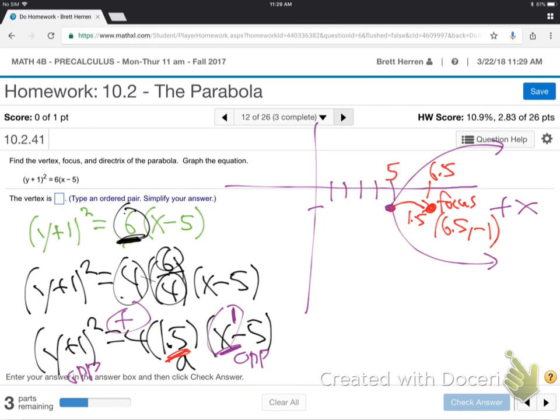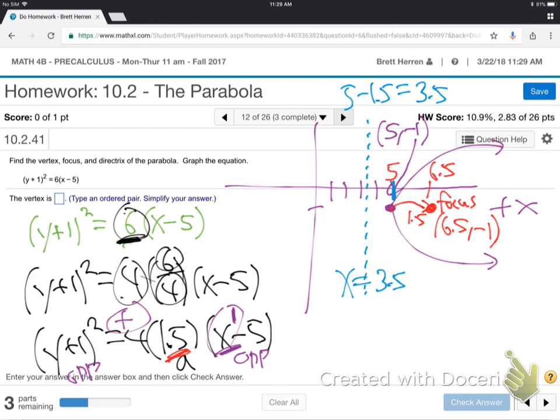I'm kind of running out of room here. This dot here is the focus. And then where's the directrix line? So if this one's at 5, you take 5 and you subtract 1.5 and you get 3.5. It hits the x-axis at 3.5. Right here.